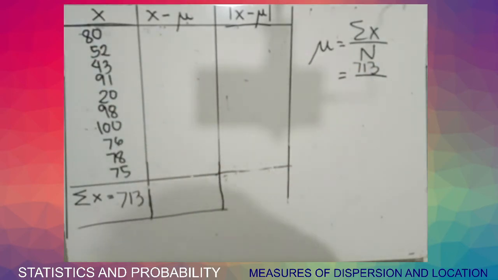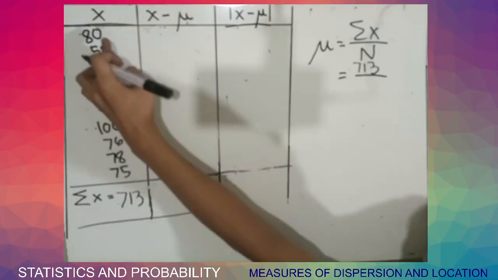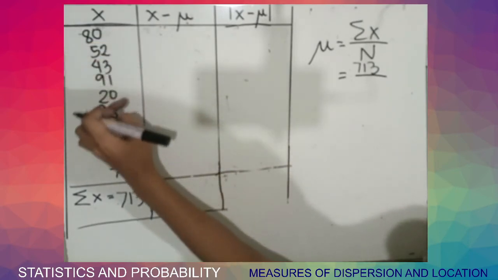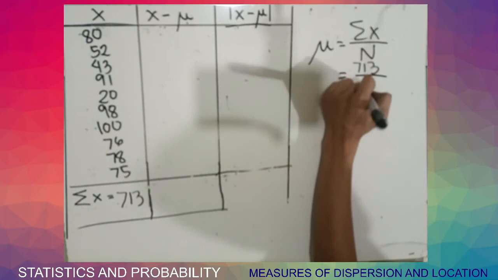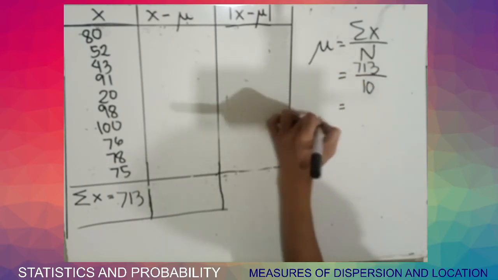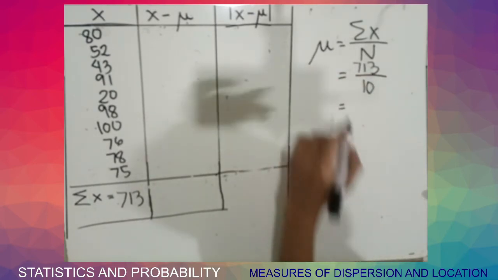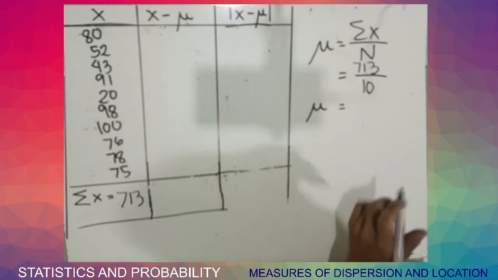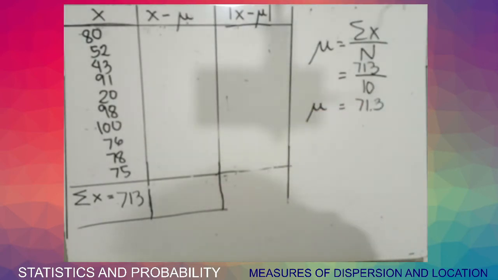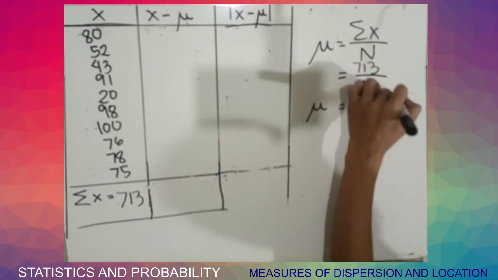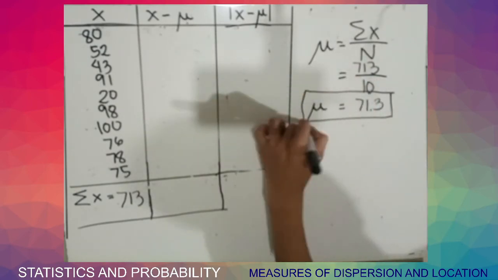Nabanggit kanina na 10 daw ito. So check natin. 1, 2, 3, 4, 5, 6, 7, 8, 9, 10. So 10. Okay? So divide natin yung 713 by 10. So ang sagot dyan ay 71.3. Okay? So ito yung sagot natin for mu.